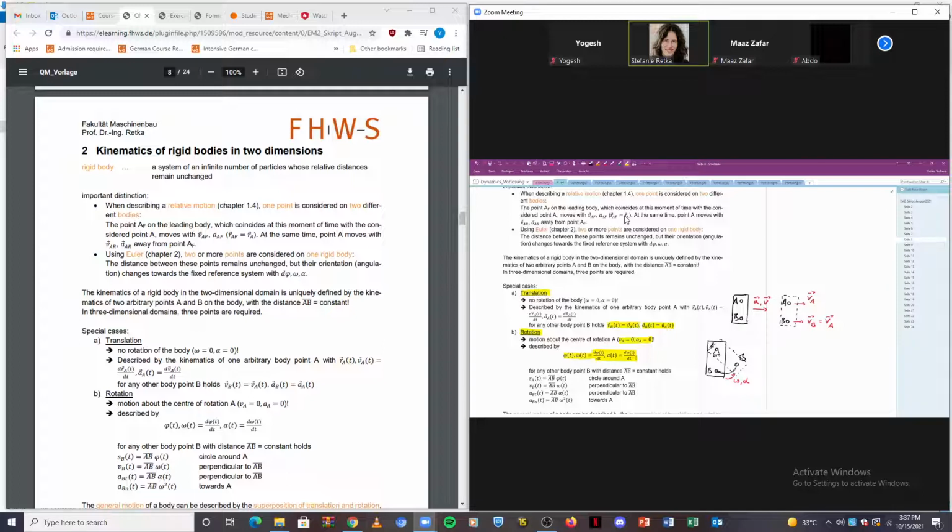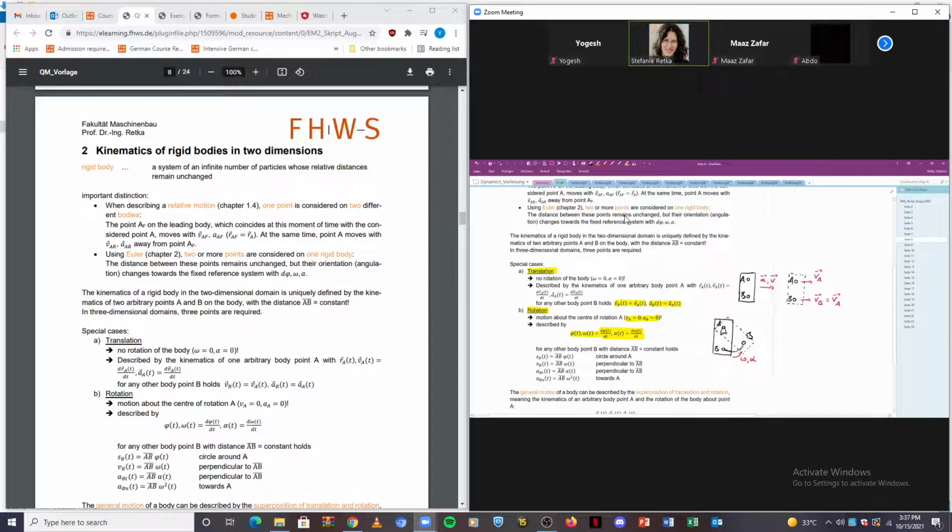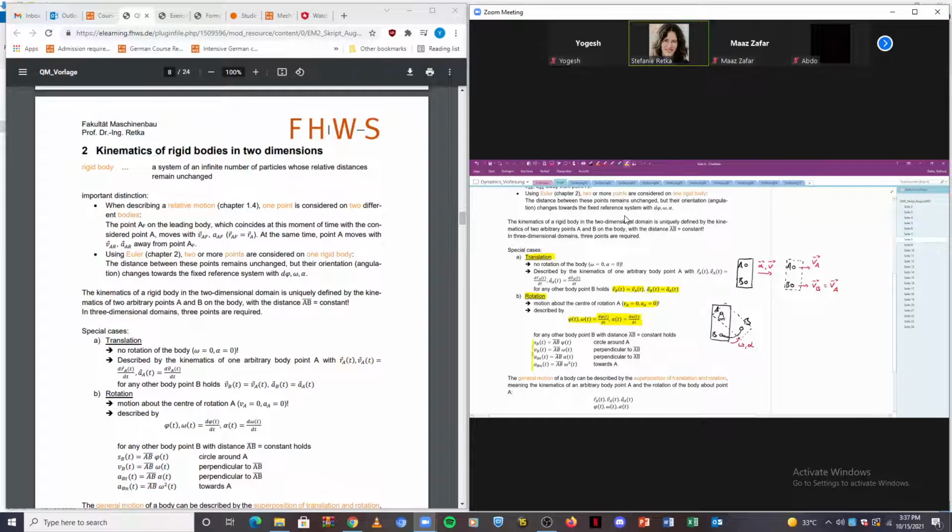Now describing this motion is very similar to describing a point mass moving along a circular path, circular motion of a point mass. And if you have a look at these equations here, you will recognize them. What it says is that the arc length covered by point B can be obtained by the distance between those 2 points, A and B. A is the center of the circular path and the angle covered.